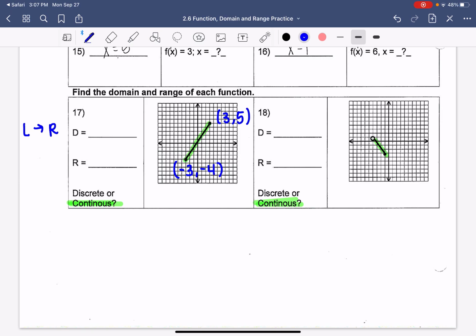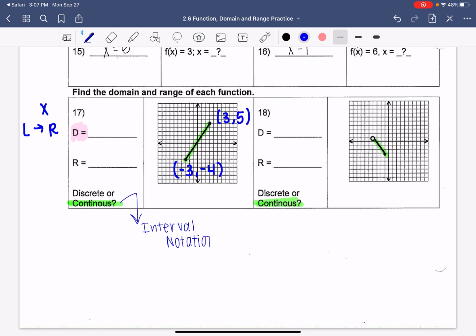When we do our domain, it is still the same. It is our x values. But when we write our domain and range in interval notation, which we're going to do because this is a continuous function, remember, when it's continuous, you have to use interval notation.